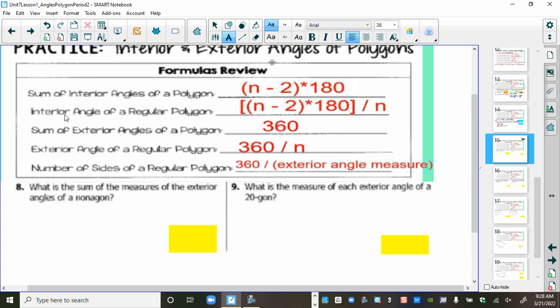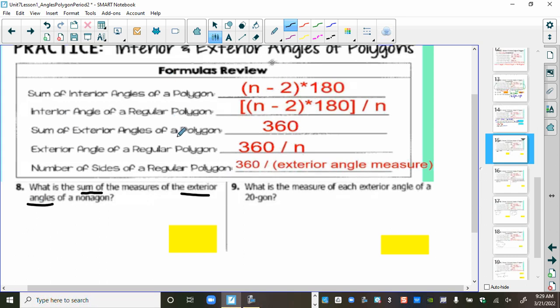Which one do we have? 1, 2, 3, 4, or 5? Sum of the exterior measures. So which one says sum of exterior angles?